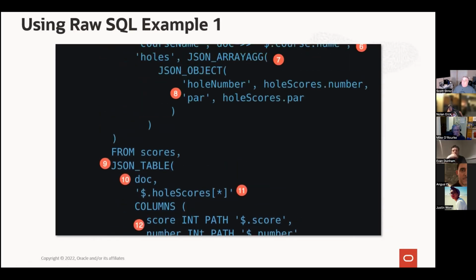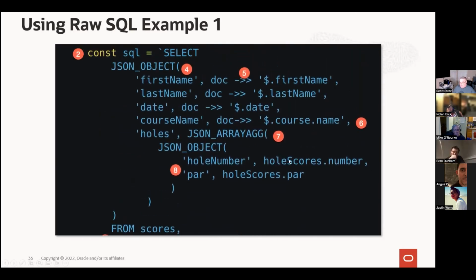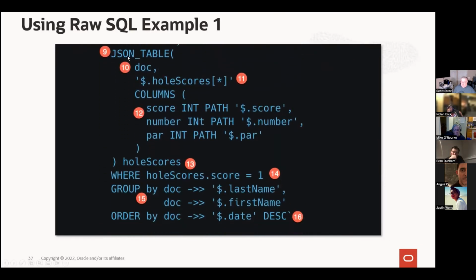So this table right here is the result of this function called JSON_TABLE. And it actually creates a join in much the same way that if you do select star from golfer, league, it'll create the joins where it can.